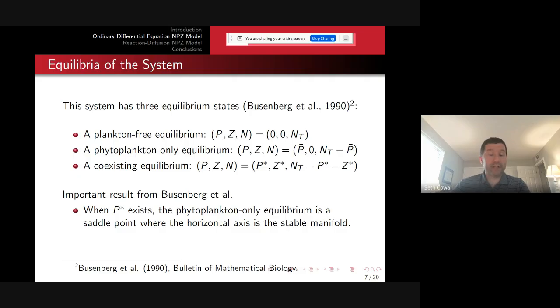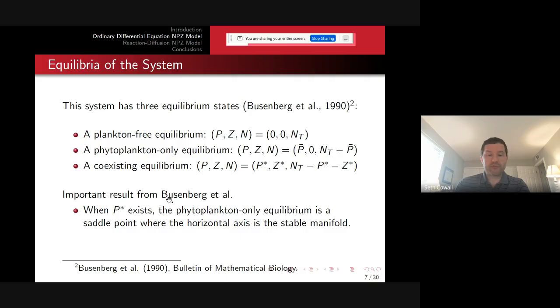Now, we don't expect at any time for the ocean to look like either of the first two states. However, they do play some importance that we'll get to later, in particular the second one, the phytoplankton-only equilibrium.